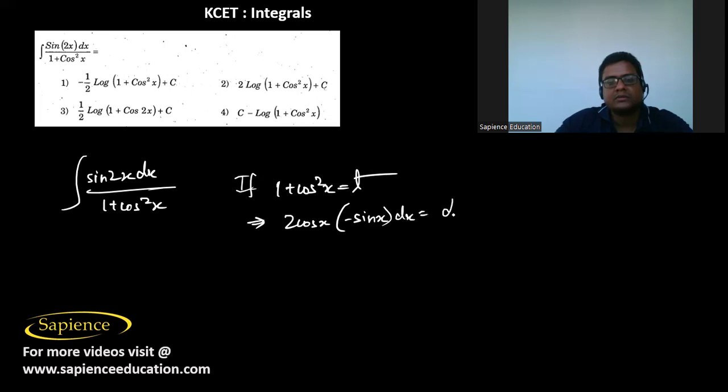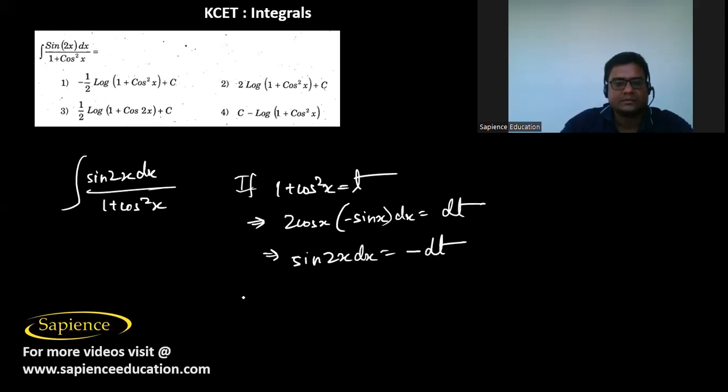Then here it is told to find out the integral sine 2x dx by 1 plus cos square x. Now here if we take 1 plus cos square x as t, then we will have 2 cos x into minus sin x into dx, that will be equal to dt. So it means that sine 2x dx is equal to minus dt.